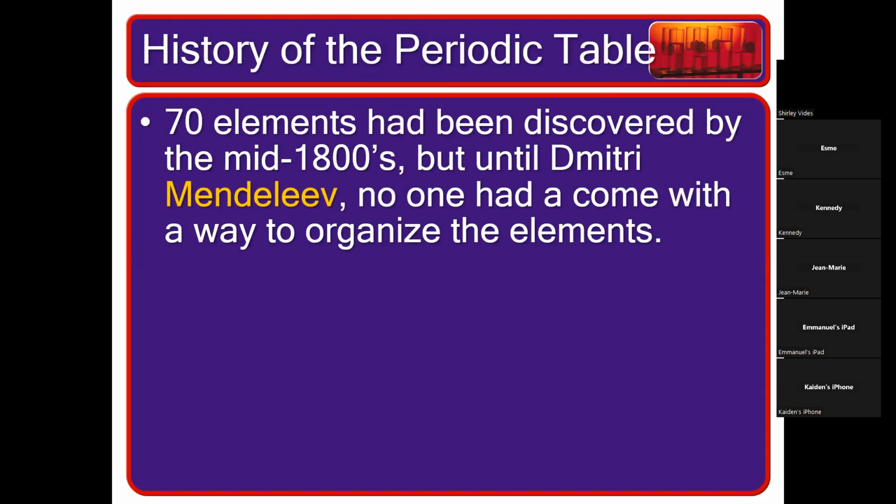Back in the mid 1800s, only about 70 elements had been discovered out of the, I think it's 120 now. I don't want to say too many, but I think that's correct. And they definitely do not have any more room for them. So if they discover any more or come up with anything else, it's not going to be good.